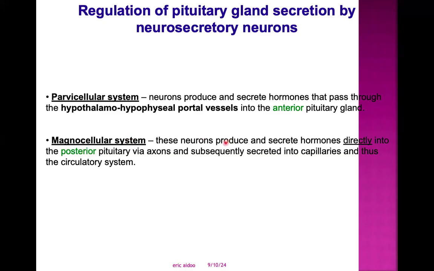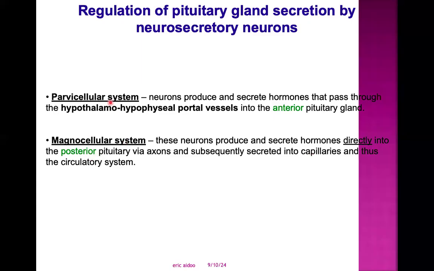It does its work by the use of neurons. Neurons will produce and secrete hormones directly into the posterior pituitary through their axons. But eventually, they will get distributed into the circulatory system. So that is the difference. The parvicellular system deals with the anterior pituitary. The magnocellular system deals with the posterior pituitary.